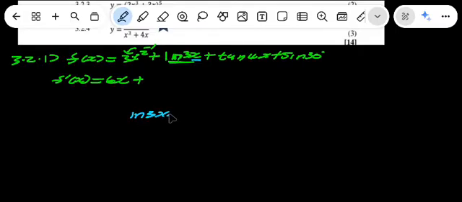You have ln 3x, you have to differentiate this. Our u is 3x. Remember we said it will be u prime divided by u.